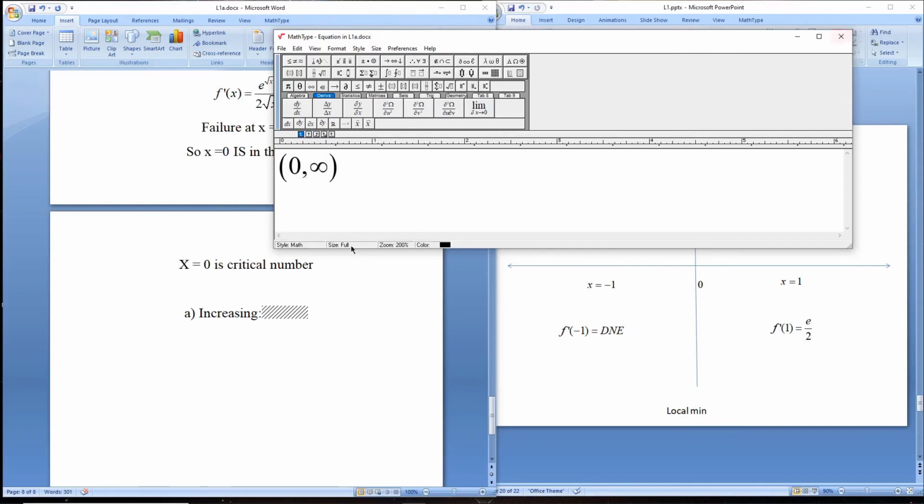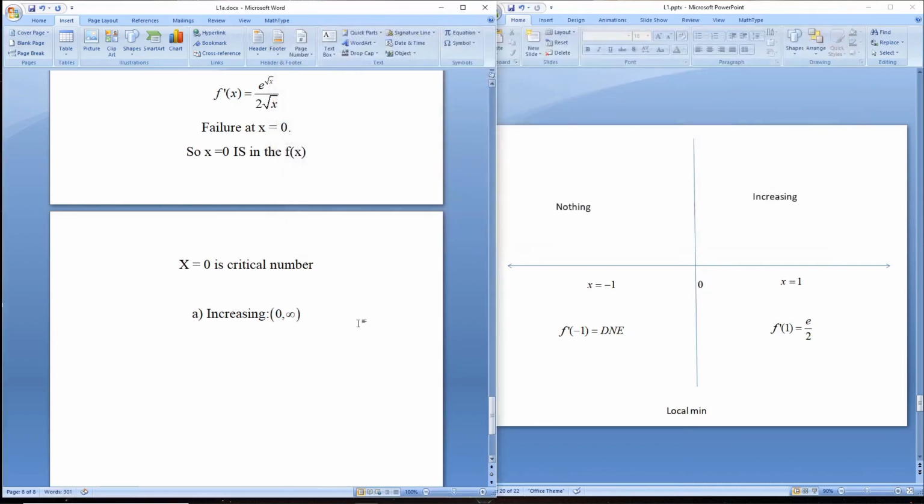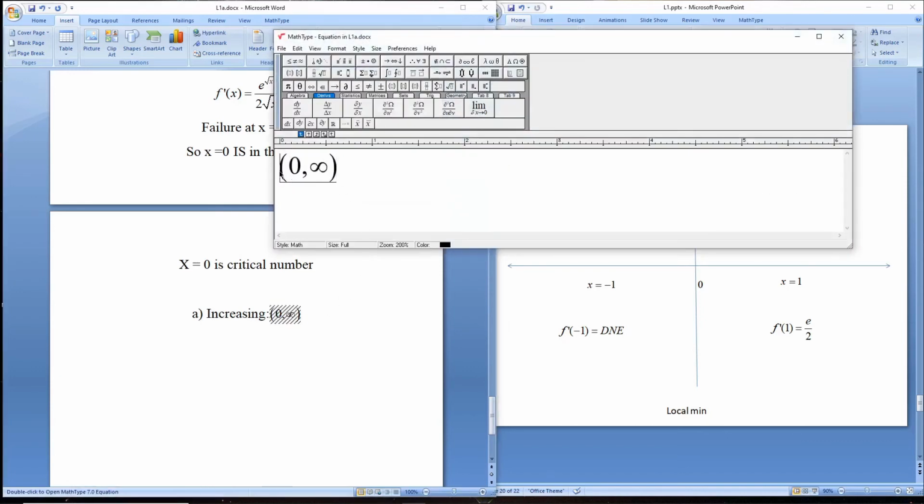And I am choosing, again, an open interval here on the 0 because critical points are not usually chosen as being increasing or decreasing. And again, if you have this answer with my math lab but with a square bracket here, then you send that to me and I'll take care of that.